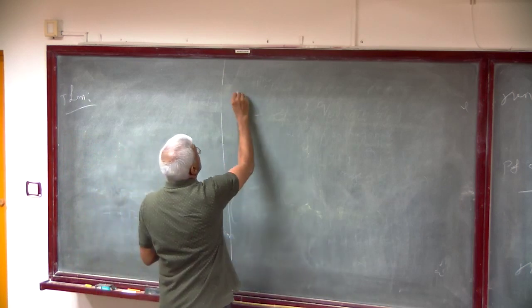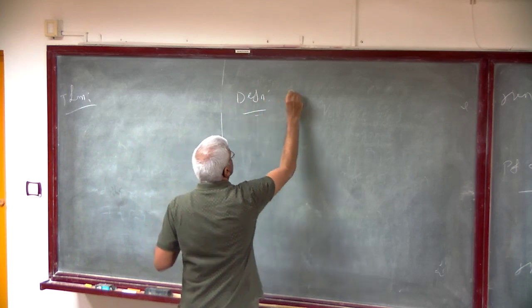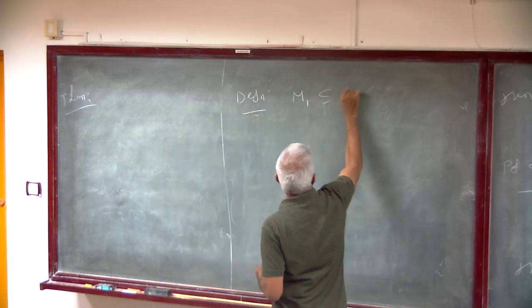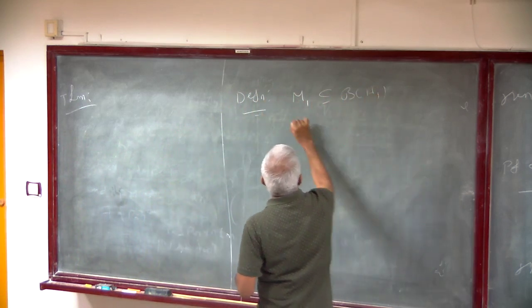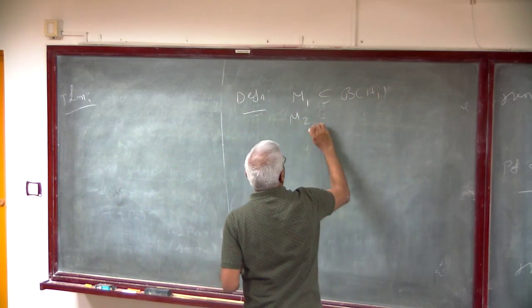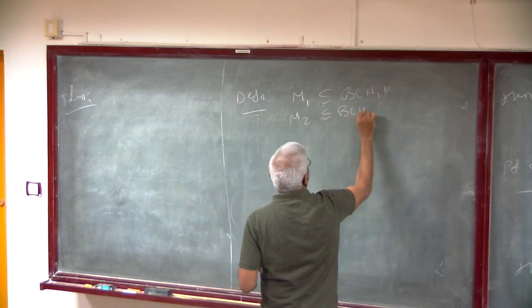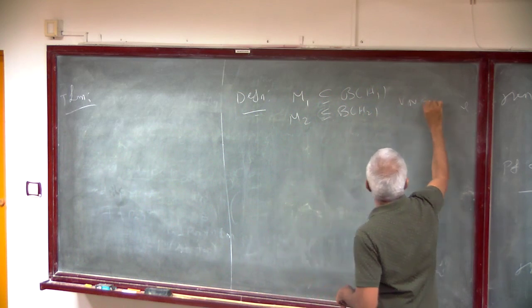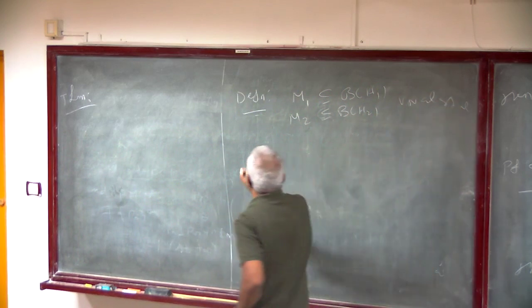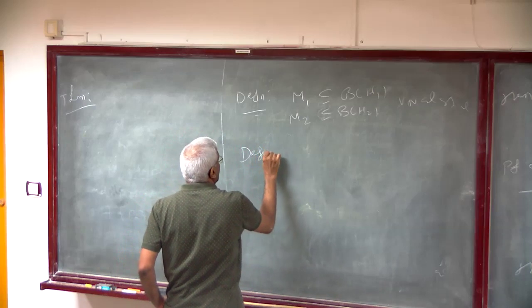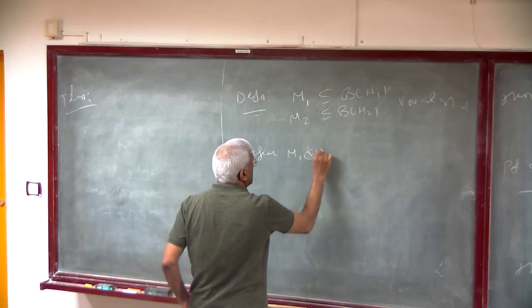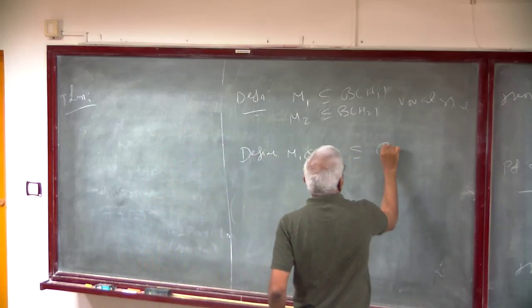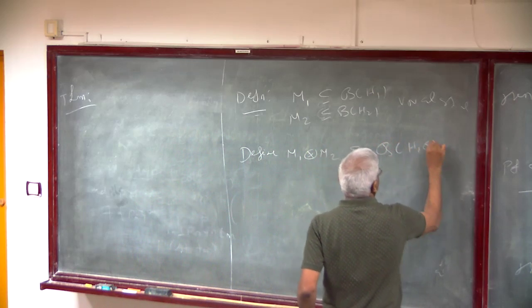So before the proof, let me define what is a tensor product. I haven't said. Suppose M1 is contained in B of H1, M2 contained in B of H2, von Neumann algebras. Then define M1 tensor M2, which is contained in B of H1 tensor H2.